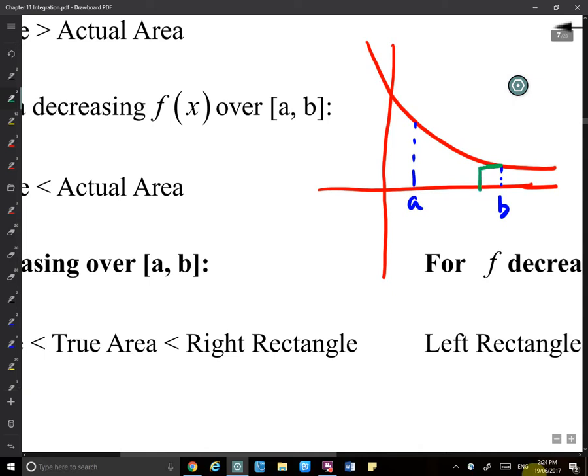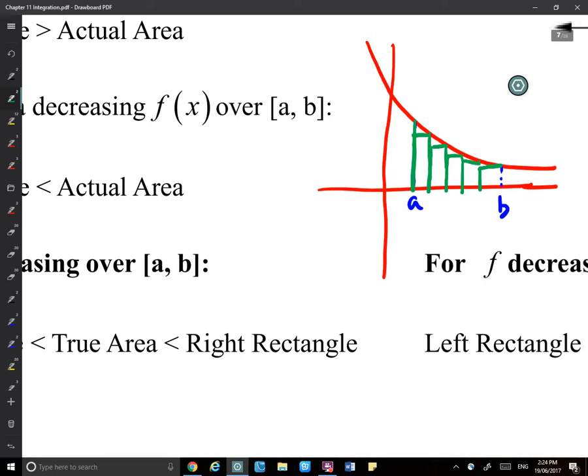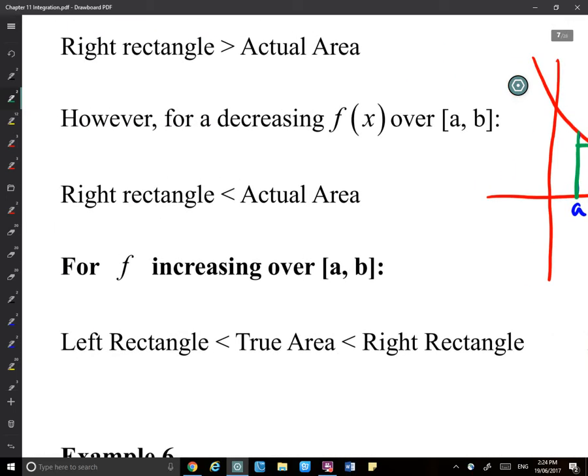That's the first rectangle, and the second is here, the third is here, the fourth one is here, and the fifth one is here. Can you see that's actually below the actual area? So the right-hand side rectangle estimation is less than the actual area if it's a decreasing function.